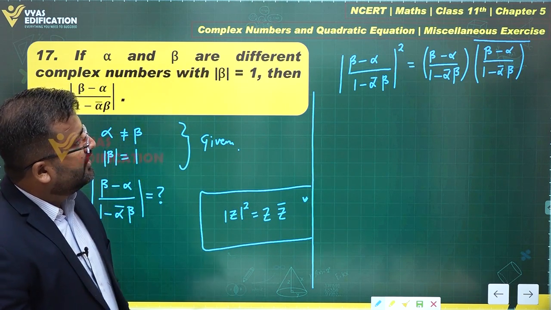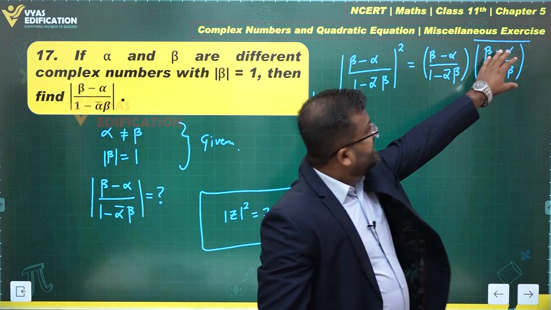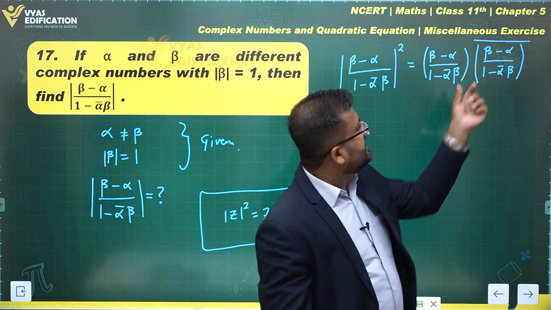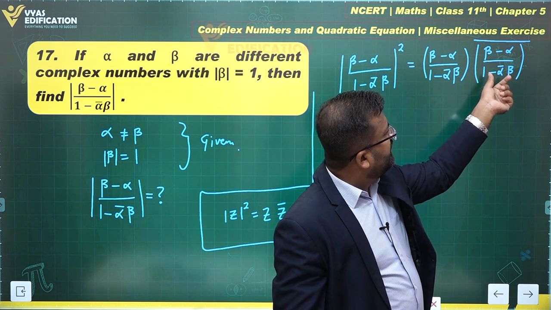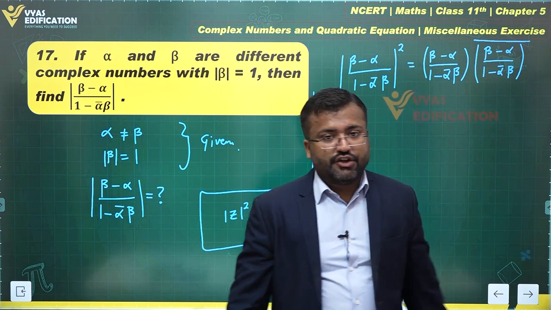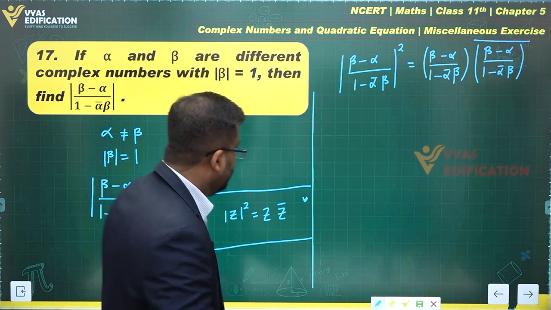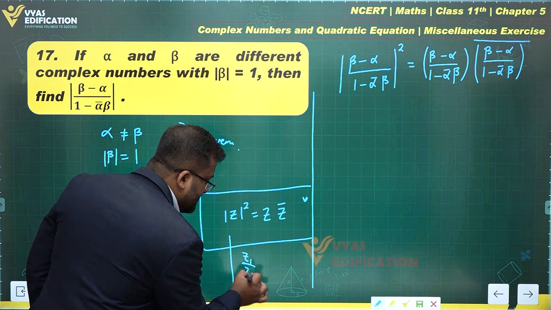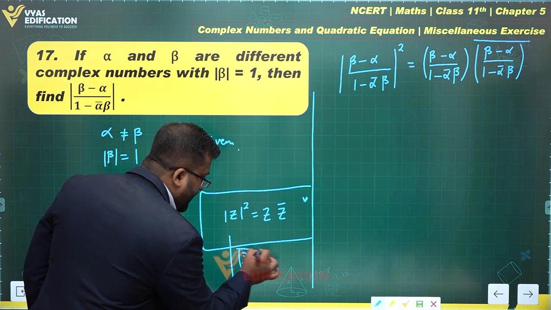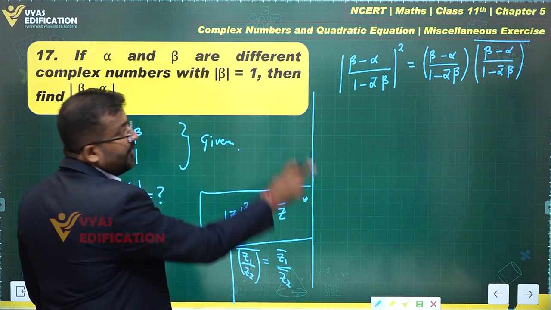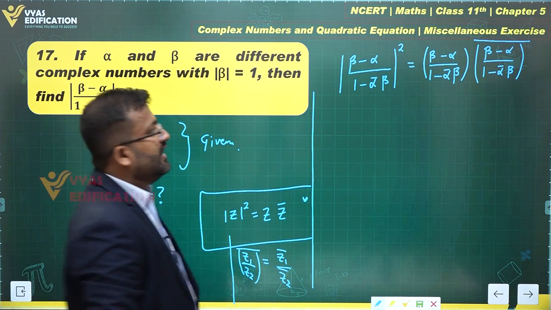Now that's a Z1 upon Z2 bar type of thing, and the bar goes onto the numerator and the denominator. Using the property that Z1 over Z2 complete bar is equal to Z1 bar over Z2 bar, that's the property I'll be using next.